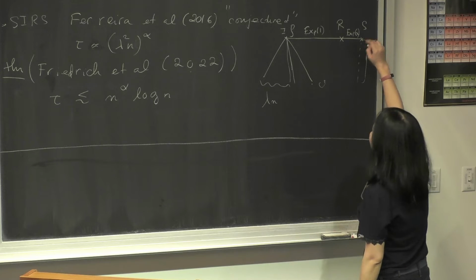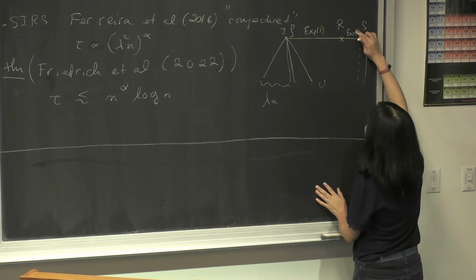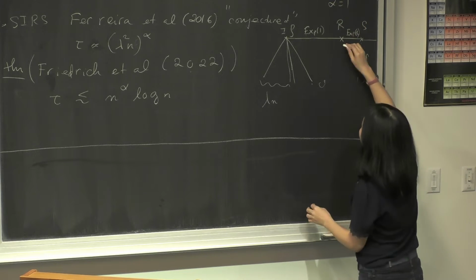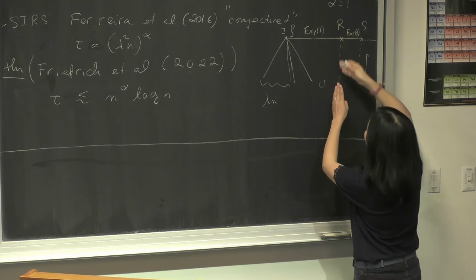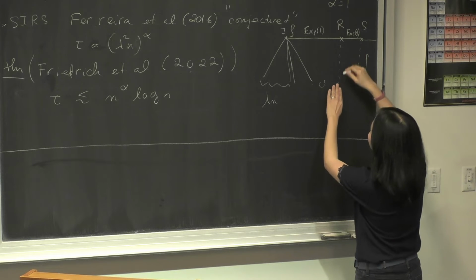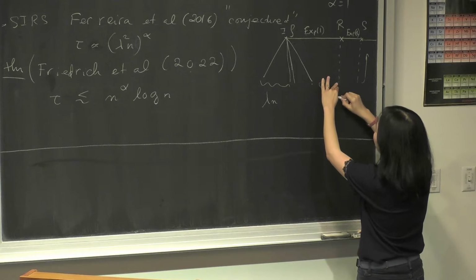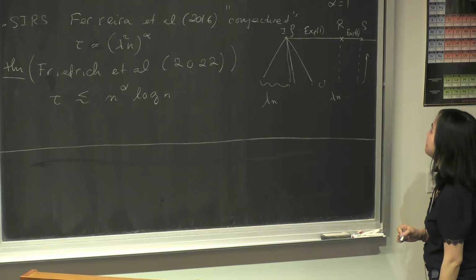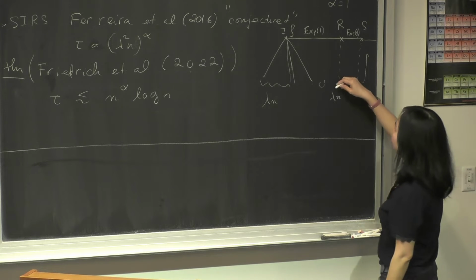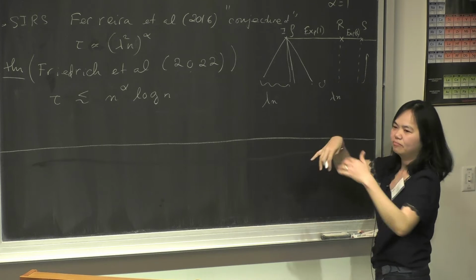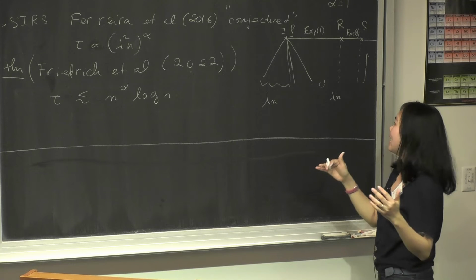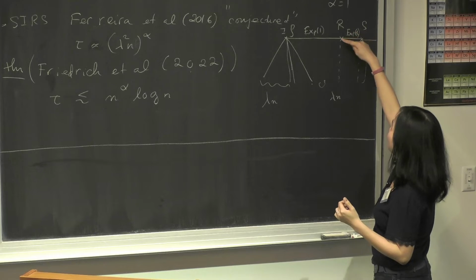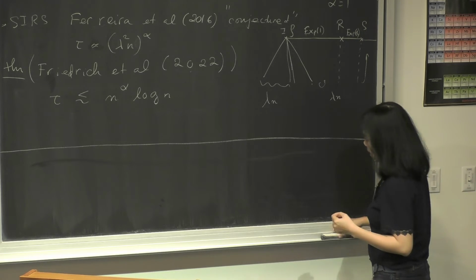So let's say, for simplicity of our heuristic, alpha equals 1. At the time that the root recovers, it has already successfully infected about lambda n leaves. Each of them recovers during time exponential 1, and the root also takes time exponential 1 to become susceptible again.